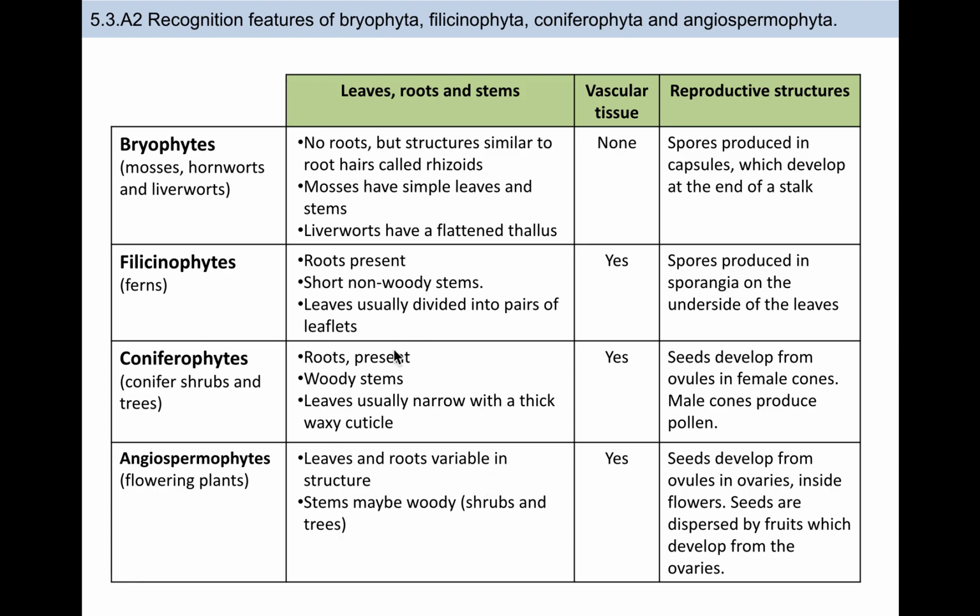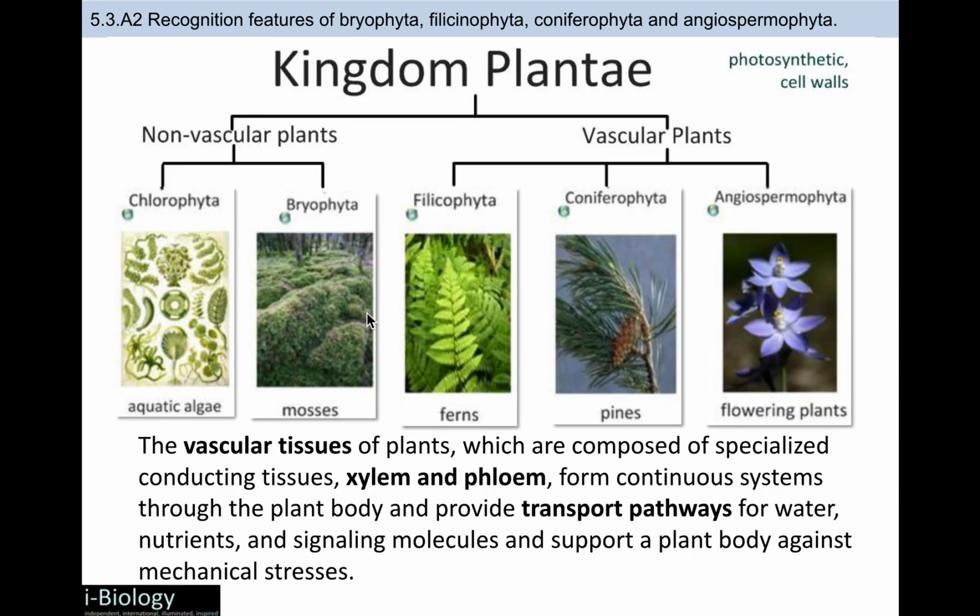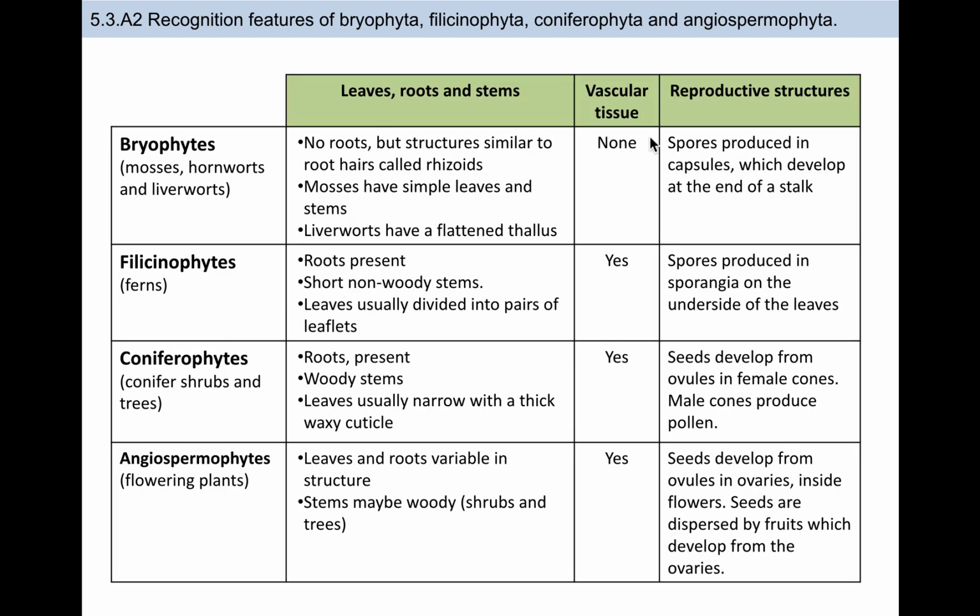Pine trees you can usually recognize right away by their leaves. Vascular tissue, which we talked about already: what you basically need to remember is bryophytes do not have them, and everybody else does, except the Chlorophyta. And then their reproductive structure. Some use spores and some use seeds.